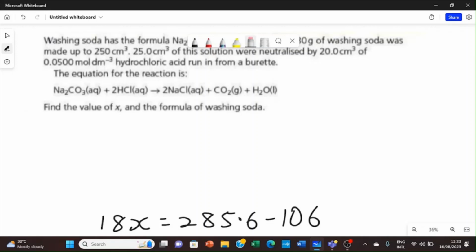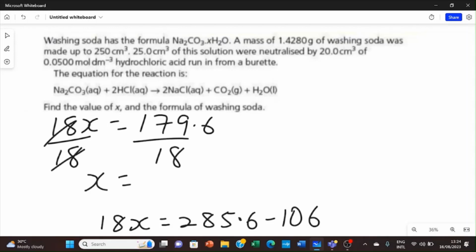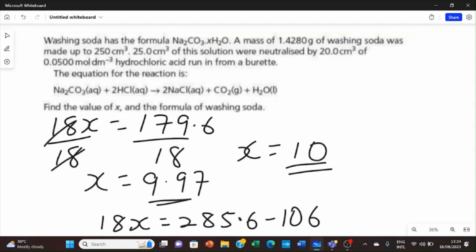So 18x now will be equal to 179.6. Divided by 18, divided by 18, cancel that. x now will be equal to 9.97. So x is equal to 10 approximately. So that's the value of x.